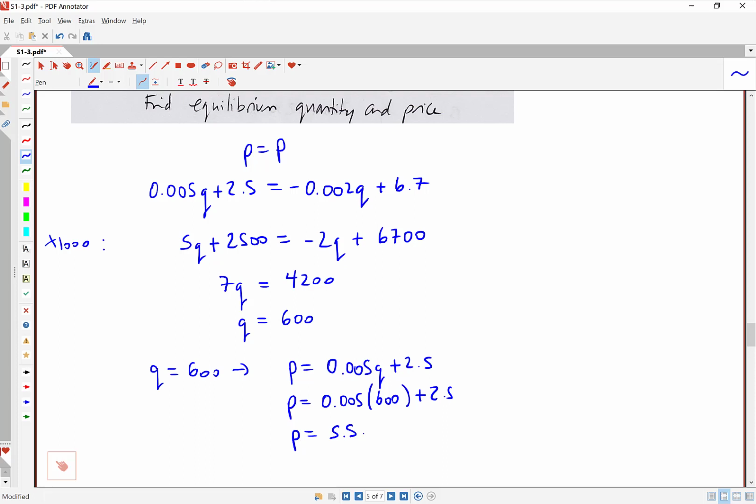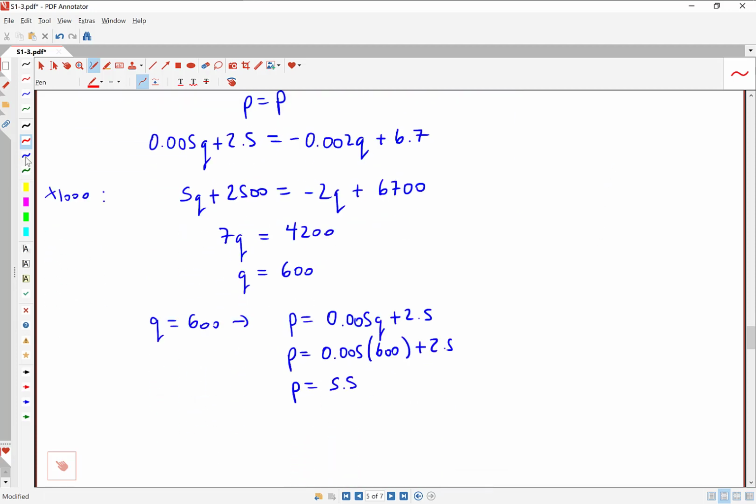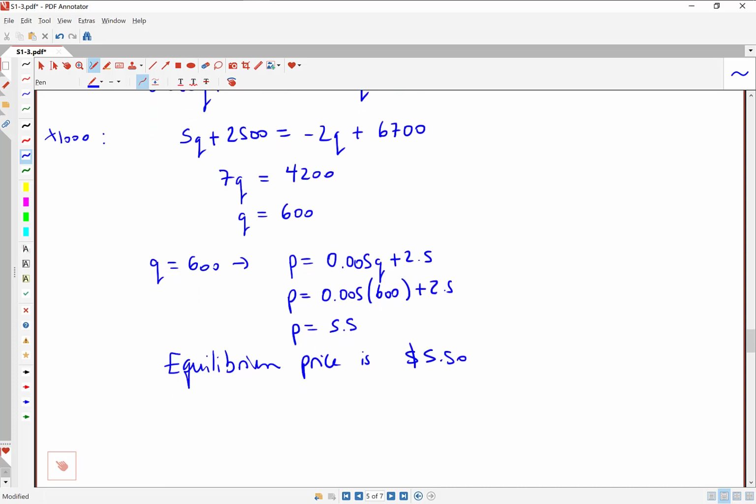So now let's just be sure that we're answering the question. What we want to do is find the equilibrium quantity and price. We were told something about units in the problem. So P is measured in dollars. So that's going to be our equilibrium price. And our quantity is measured in thousands of units. Okay, so just to keep the numbers small, Q is measured in thousands. So we could say the equilibrium price is $5.5, or you could say $5.50.